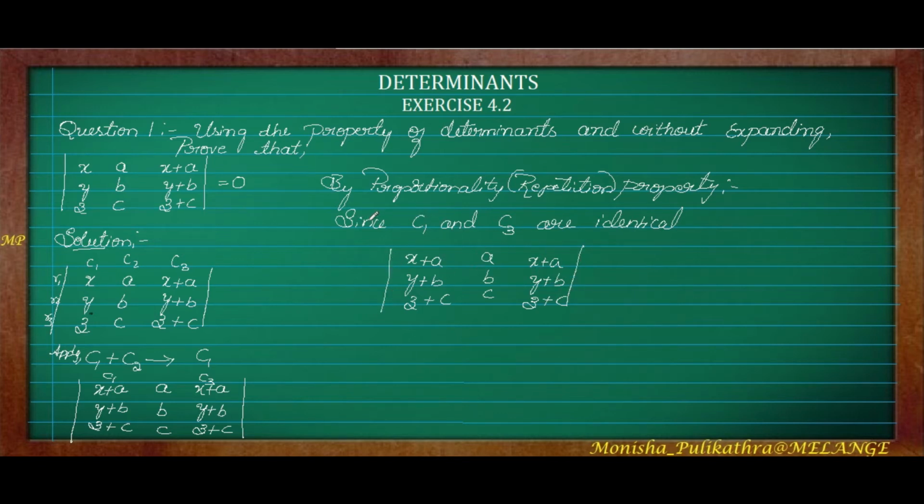So since C1 and C3 are identical, by the proportionality or repetition property, this determinant will be equal to 0. So you can write it as hence proved. This is according to the property: if the elements of any row or any column are equal, then the whole determinant is equal to 0. I hope you understood this.